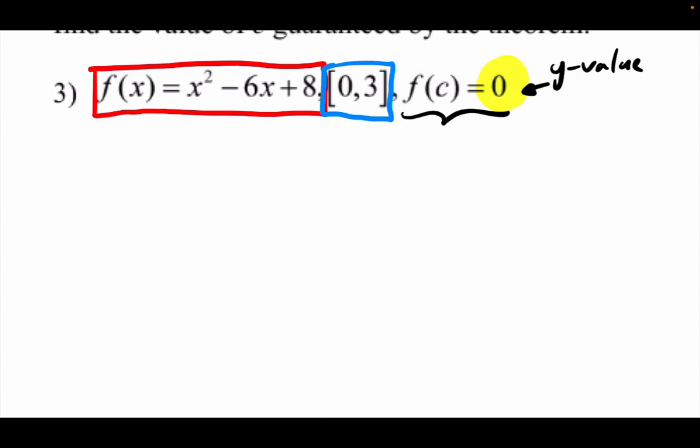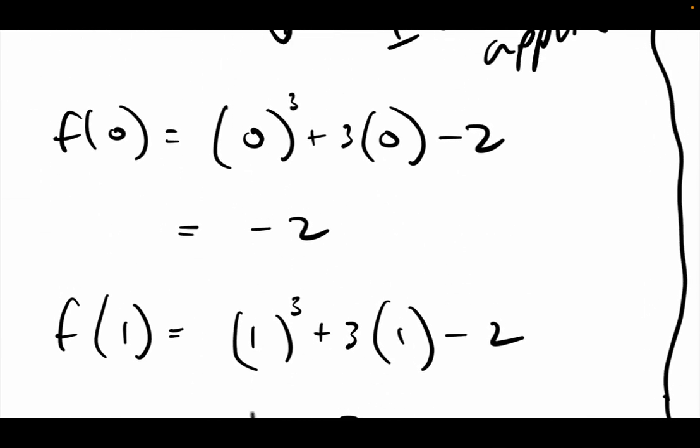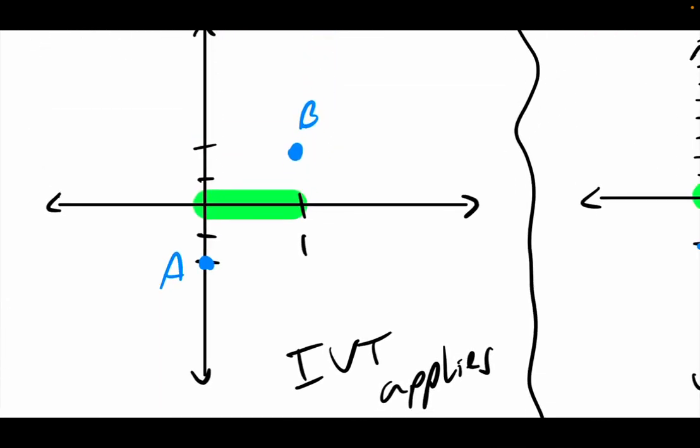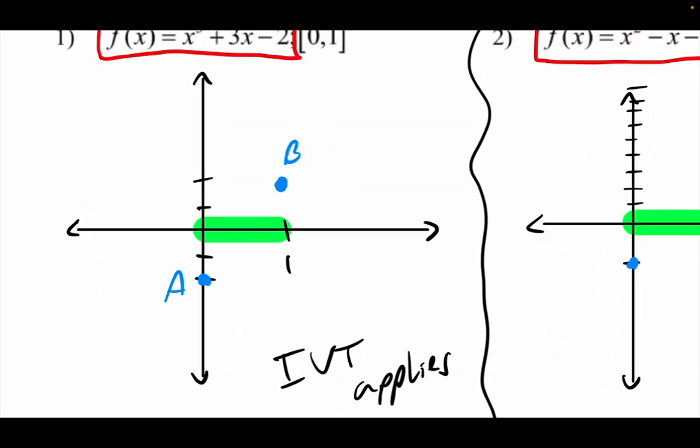Think of a graph. Where is y always equal to 0? So on any graph, where does y always equal 0? What do we call it? There's a special name for it.